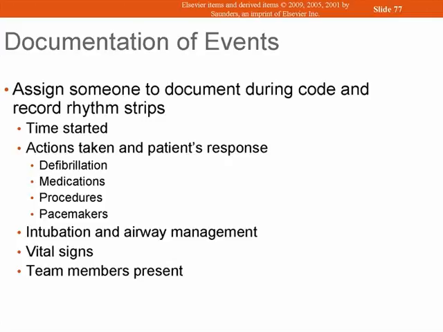The actions would be defibrillation, medications, pacemakers, intubation, airway management, vital signs, and it also has a place for team members who are present so that they can go back and be questioned on, well, did you work well as a team? What were some of the issues that you remember about the code? Very important to know who was involved in this situation.